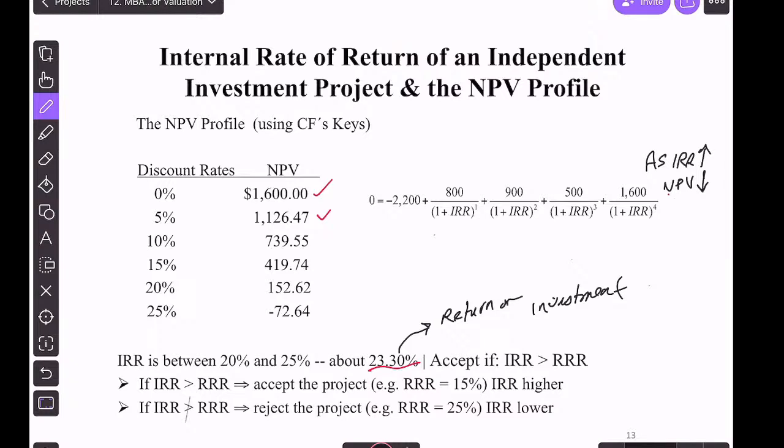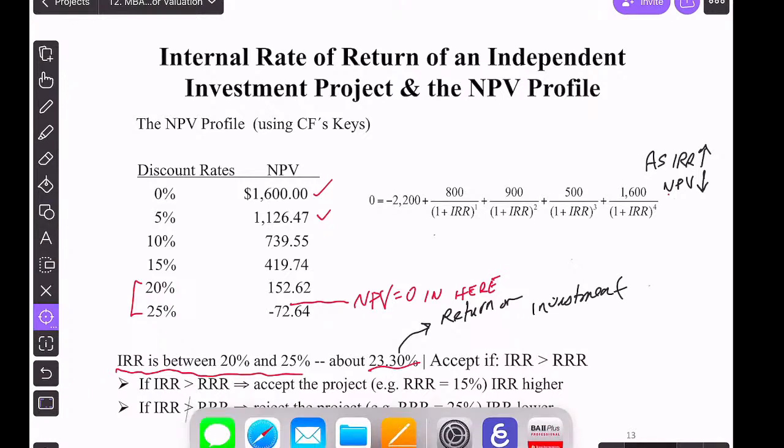We're going to keep going until the NPV becomes negative. When it becomes negative is where we know it crossed the line, and NPV is 0 in here somewhere. So it tells me that there's an IRR between 20 and 25. We do this because we don't know what discount rate we want to use.